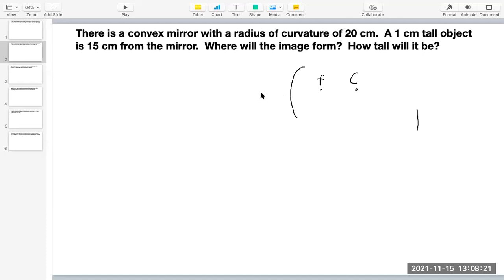So for a mirror, it counts as a positive focal length and a positive radius of curvature if it's on the side that the light comes from. So this would have a focal distance of negative 10 centimeters because it's on the wrong side, or no, the other side. It's not on the side where the light is coming from.